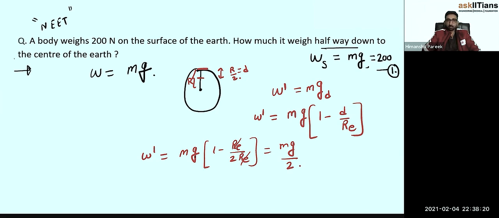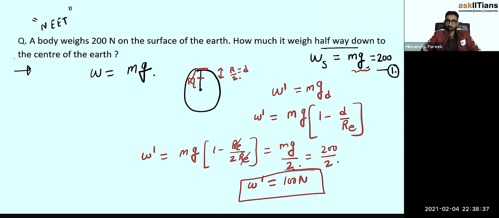The weight on the surface of Earth. This value I can put as 200. So w prime will become 100 Newton.